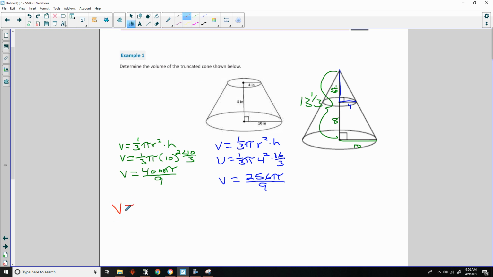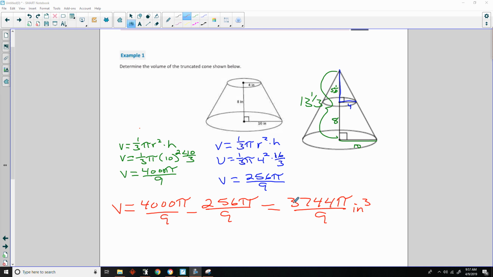The volume equals 4,000 pi over 9 minus 256 pi over 9, which equals 3,744 pi over 9. Inches cubed.